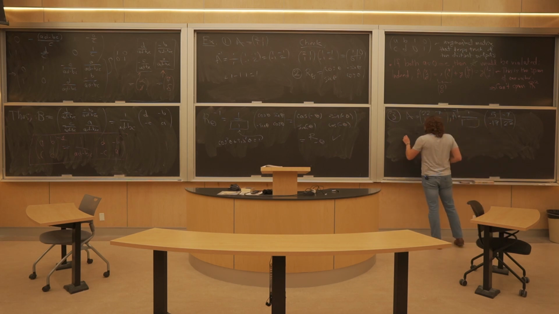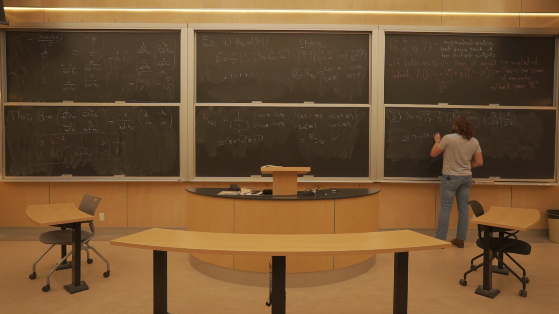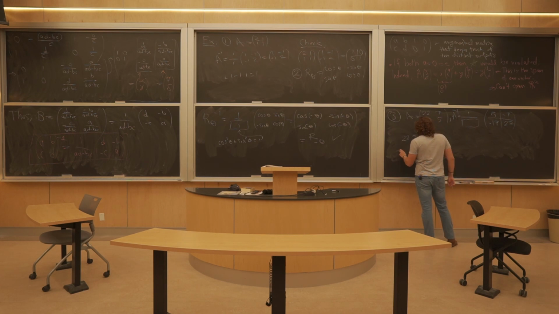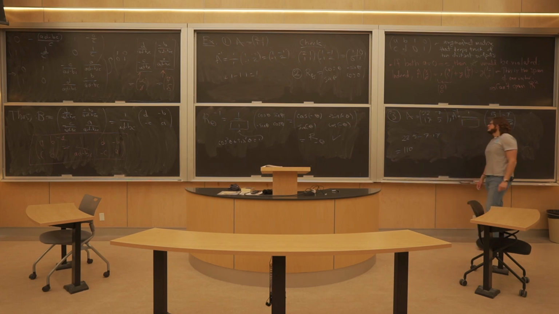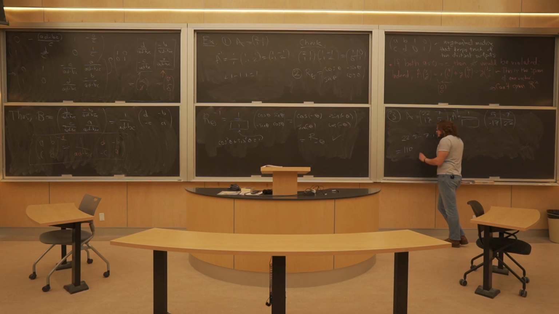What is this number that we need to put here? It is 22 times 5 minus 7 times 17. Okay, so what is this? This is 100 plus 10, 110, and then this is 70 plus 49, 119.